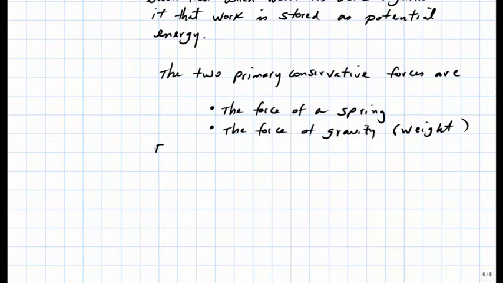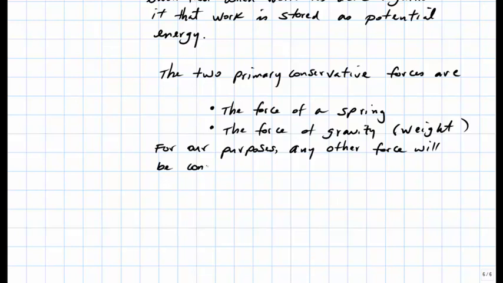For our purposes, any other force will be considered as non-conservative in nature.